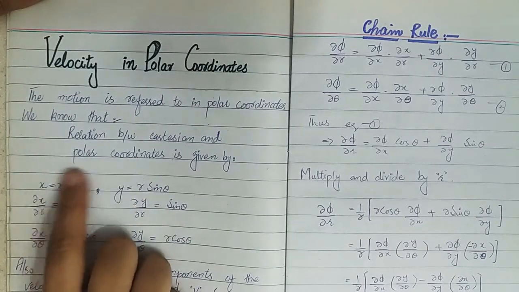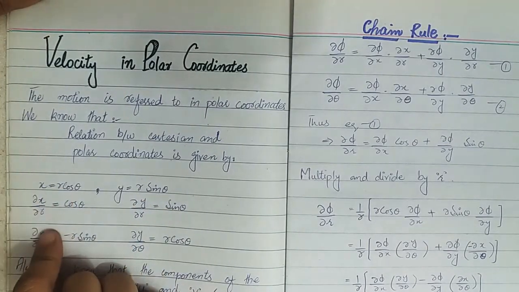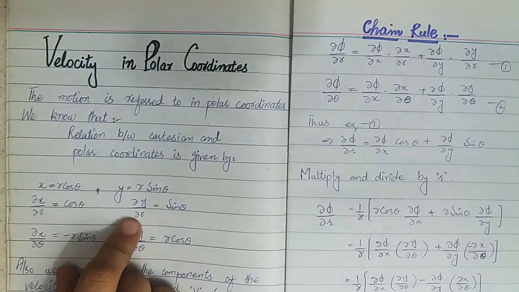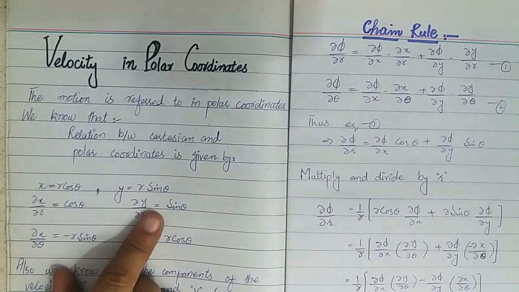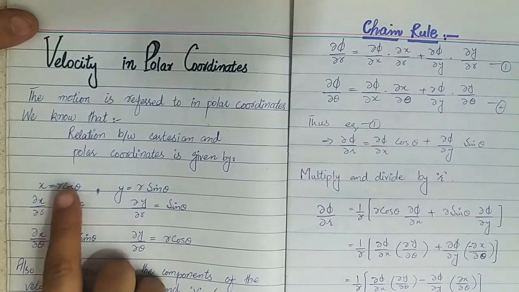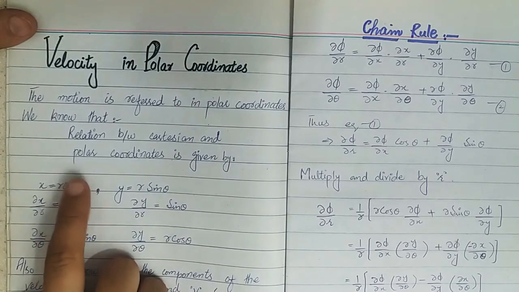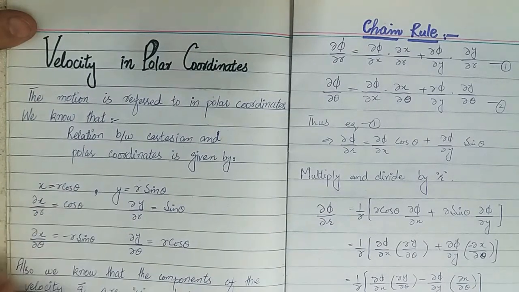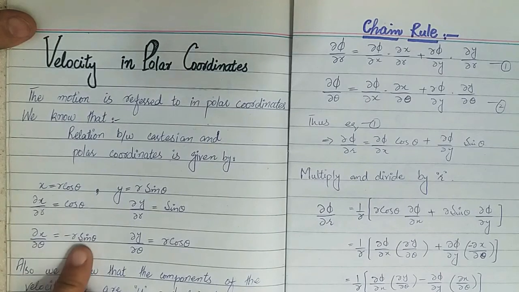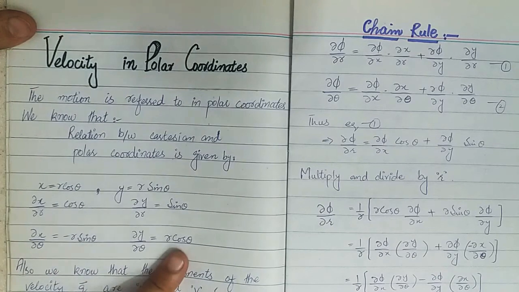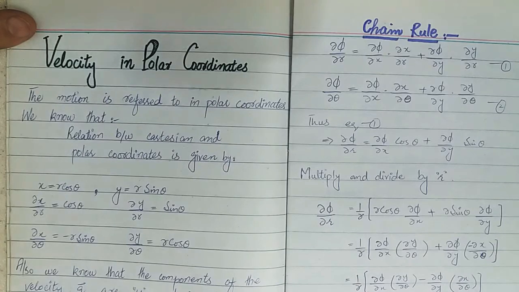When we take the partial derivative of x with respect to r and y with respect to r, we will get cos theta and sin theta respectively. And taking the partial derivative of x and y with respect to theta, we will get minus r sin theta and r cos theta respectively.